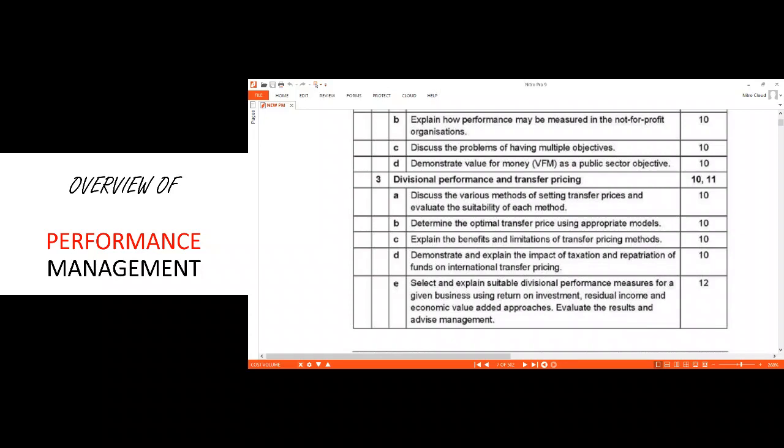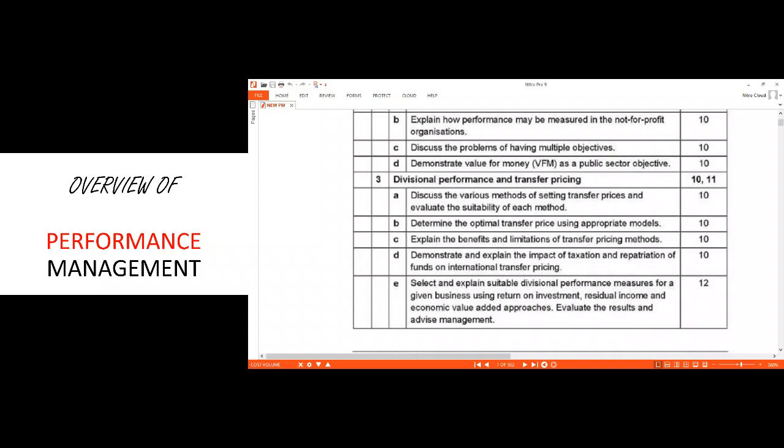We're going to discuss arm's length transaction and the limitation of transfer pricing method, the taxation and repatriation of funds on international transfer pricing, and how it affects different organizations and even NGOs. We are going to select and explain suitable divisional performance measure for a given business. We are going to use return on investment, residual income, and the like to evaluate the results and advise management.